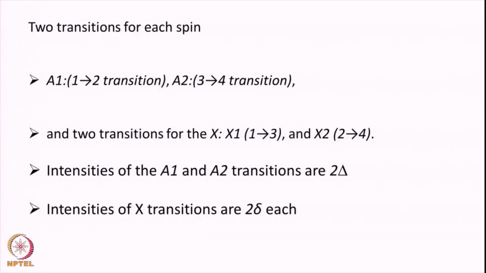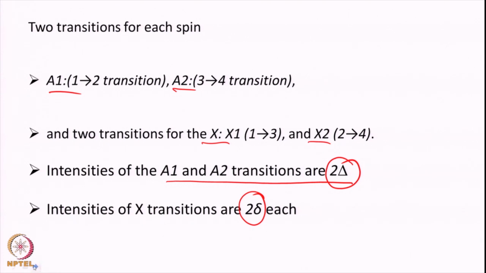Now, suppose we do a trick. The two transitions that we had are A1 and A2, and for X we had X1 and X2. The intensity for A1 and A2, as we looked at, is 2 big delta, and the intensity for the X transitions is 2 small delta.